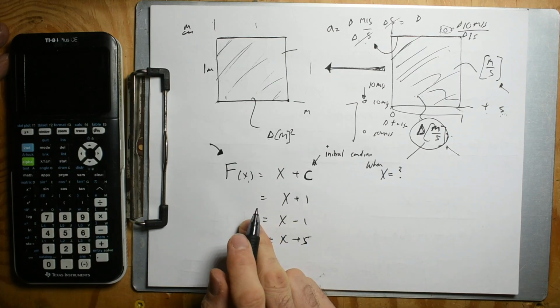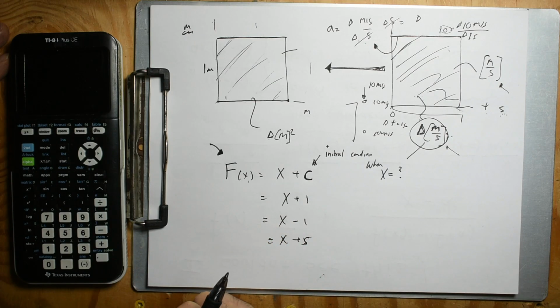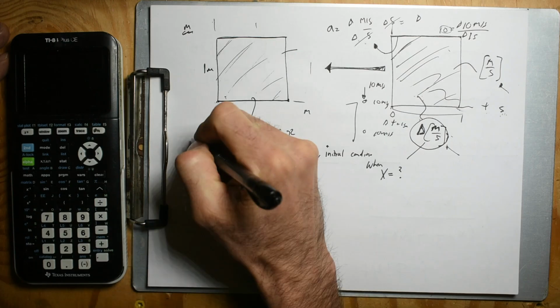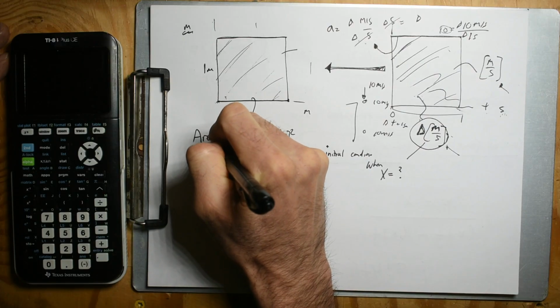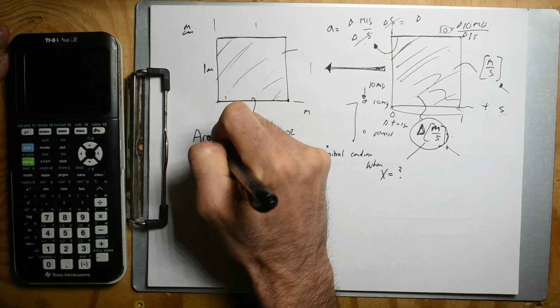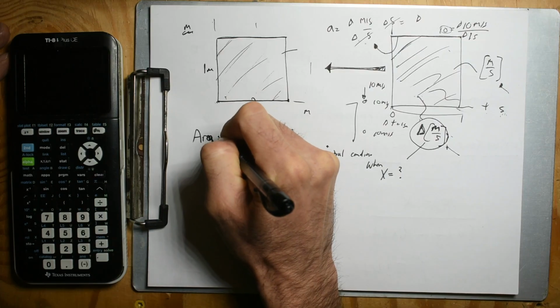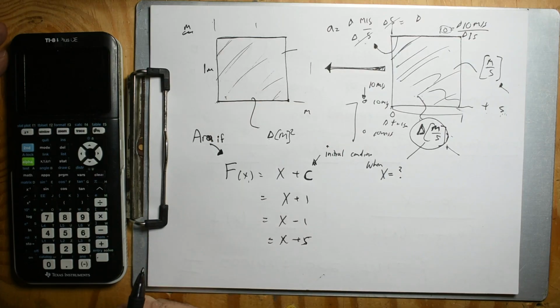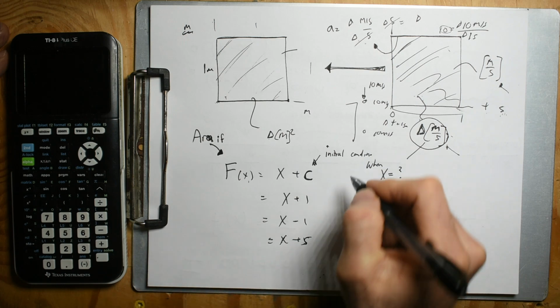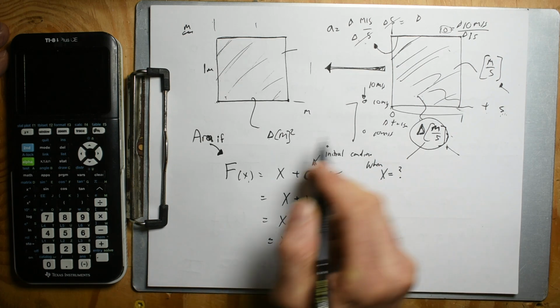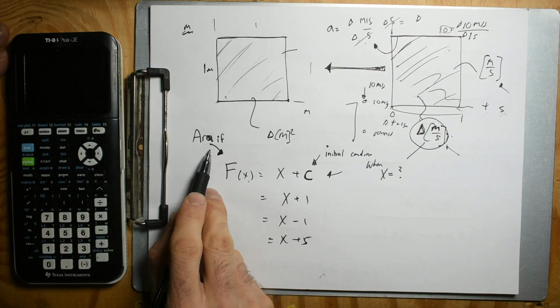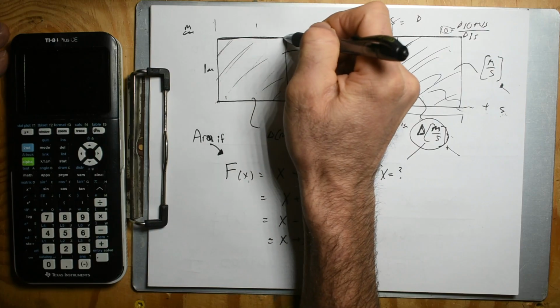That's kind of what's confusing me. This represents area if we have an initial condition. And it's because this represents a change in area based on this first equation.